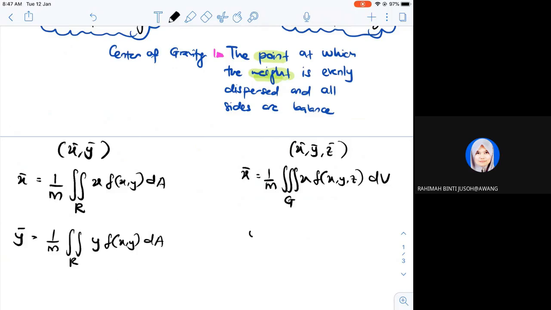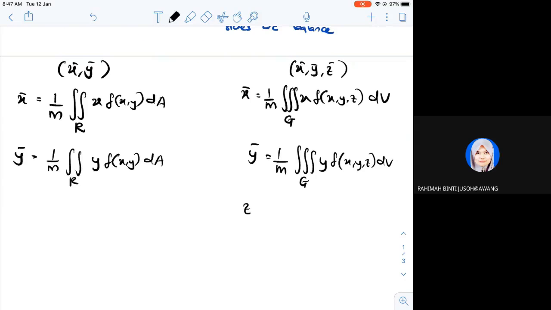Okay, next we have Y bar, 1 over M, triple integrals over region G, Y multiplied by density function x, y, z dV. Okay, and the last one we have Z bar equals 1 over M, triple integrals over region G, this is Z, multiplied with density function x, y, z and then dV. Okay, so those are the formulas of center of gravity for 3D.